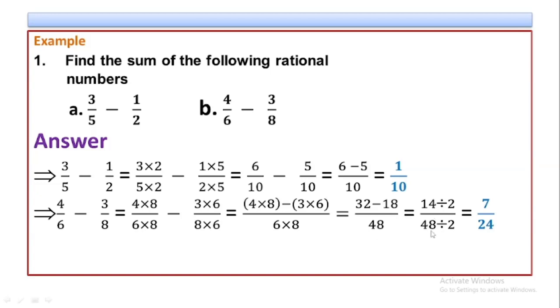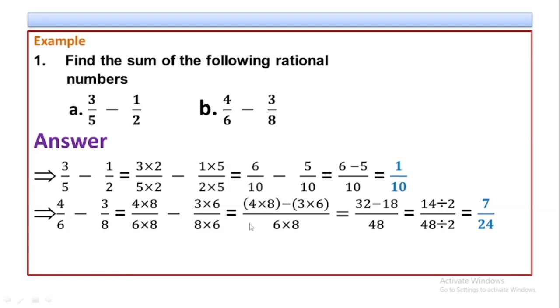This is a higher term, but it can be reduced into lowest term. Both are multiples of 2, so divide both the numerator and denominator by 2. Finally, we can determine that 7 over 24 is the difference of 4 over 6 and 3 over 8.